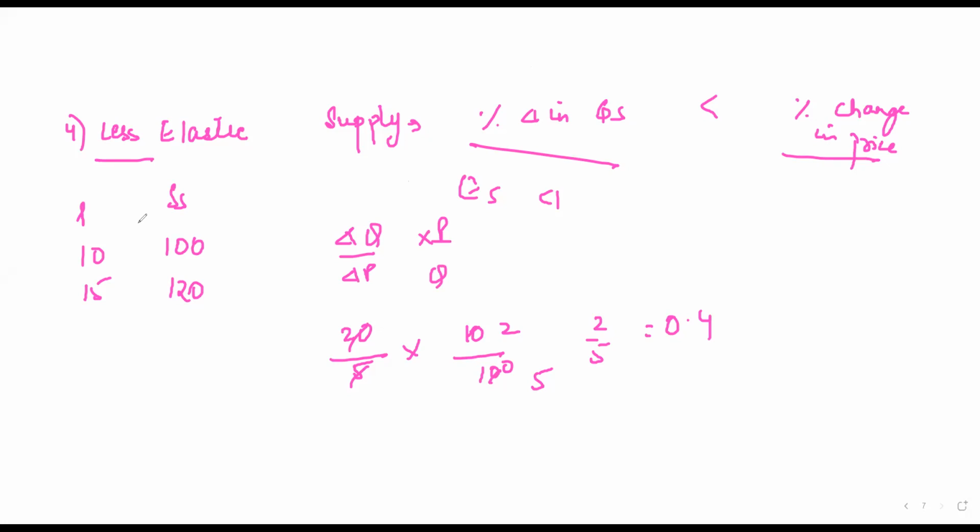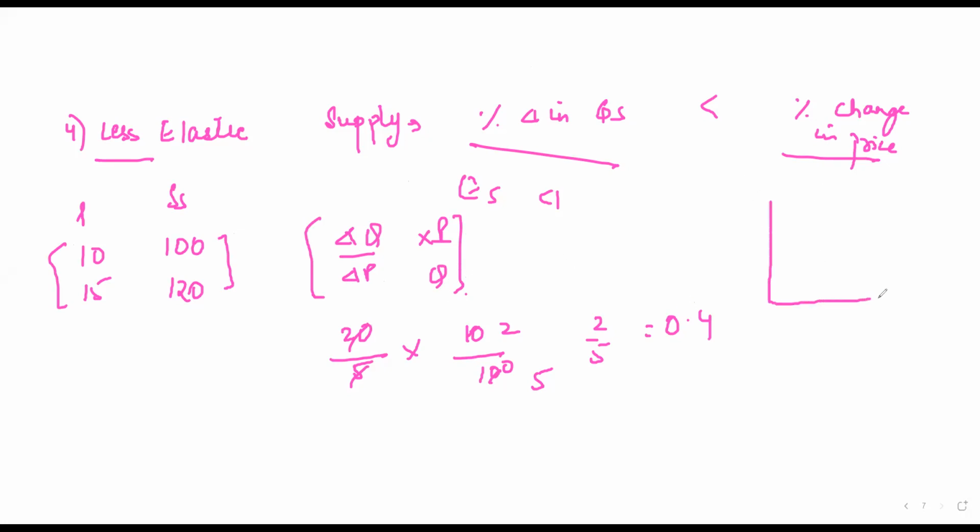So as you can see in this example, when price rose from 10 to 15, the supply rose from 100 to 120. And going by this proportionate formula, you can also use the percentage method if you want. So I just found out delta Q by delta P into P by Q. So you find that the elasticity is 0.4, which is less than 1.